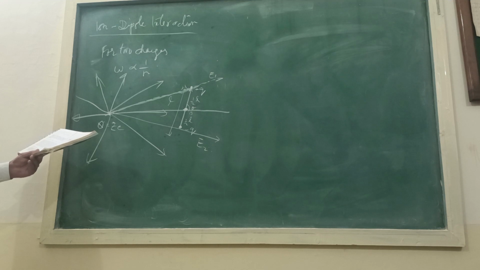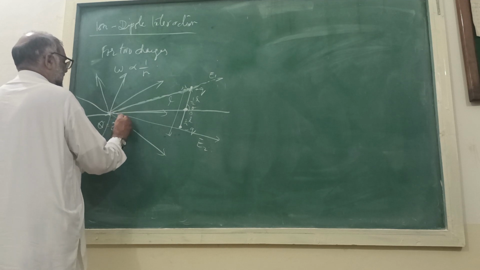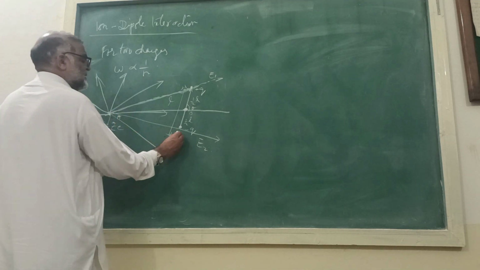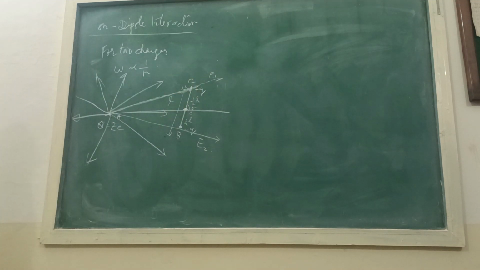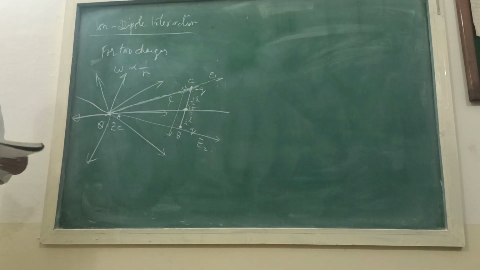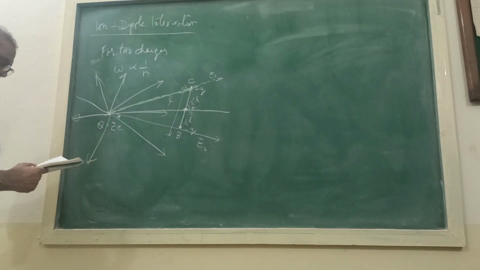Suppose this is point A, this is point B, and this is point C. So this distance is AB, and this distance is AC.